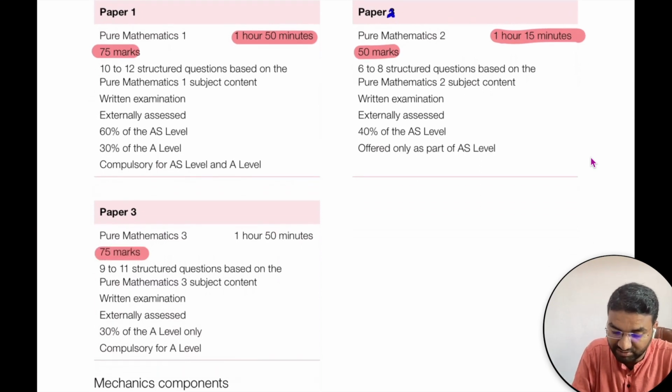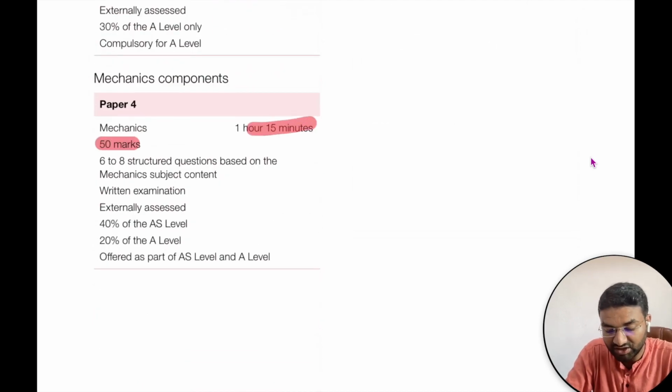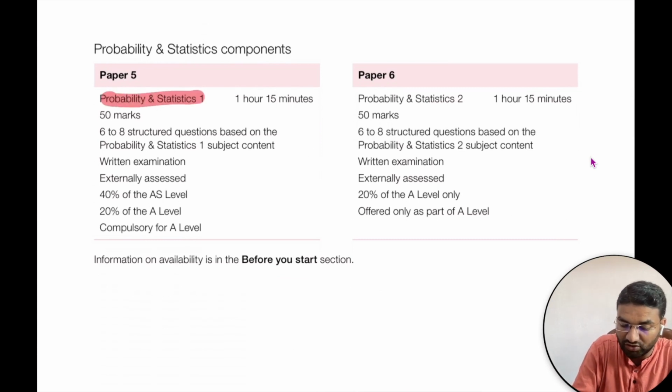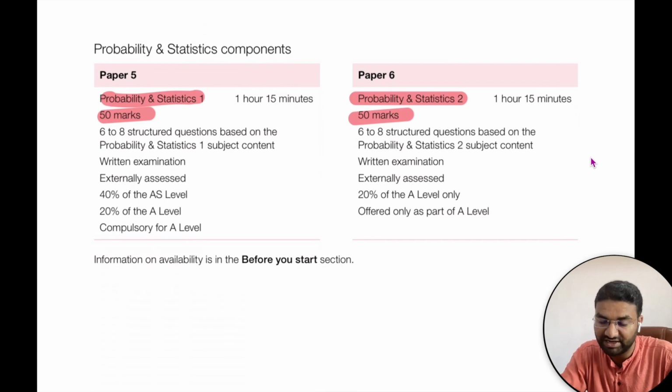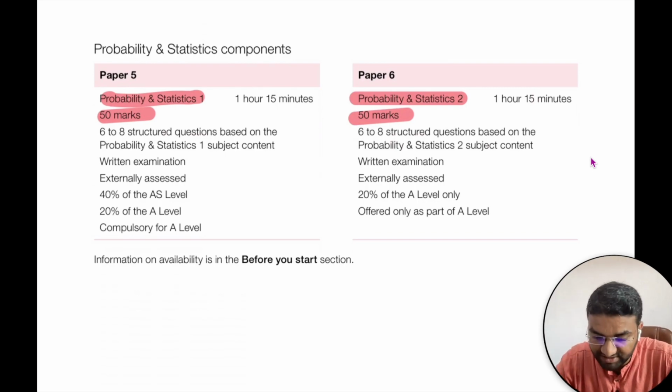P3 is 75 marks, 1 hour 50 minutes. Mechanics is 50 marks, 1 hour 15 minutes. Probability and Statistics 1 and 2 are also 50 marks papers of 1 hour 15 minutes. Whatever concepts are there in Probability and Statistics 1 are also the base for Probability and Statistics 2. Watch this overall video completely so that you get a brief understanding of how you can choose the subjects as well.